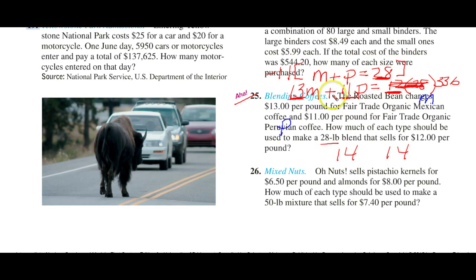And again, working through the system, you get these answers. Mexican will be 14 and Peruvian will be 14. Now these others work in a similar way. Again, we want to give you a flavor of how to do a few of these. We'll keep this one a little short.